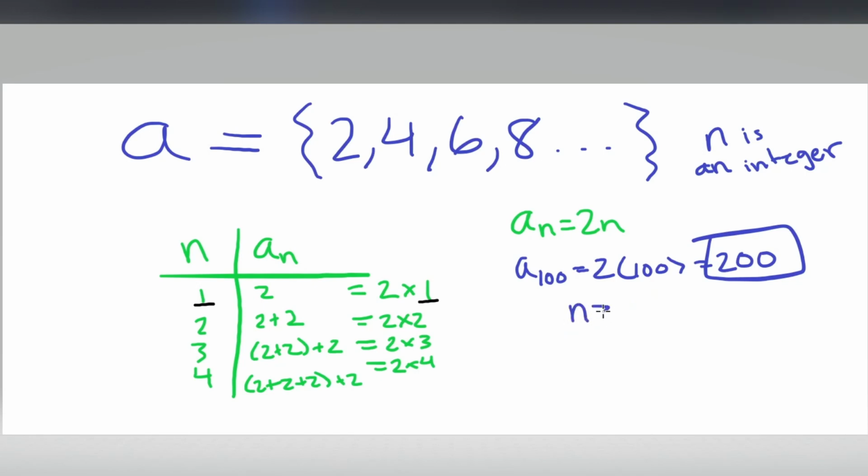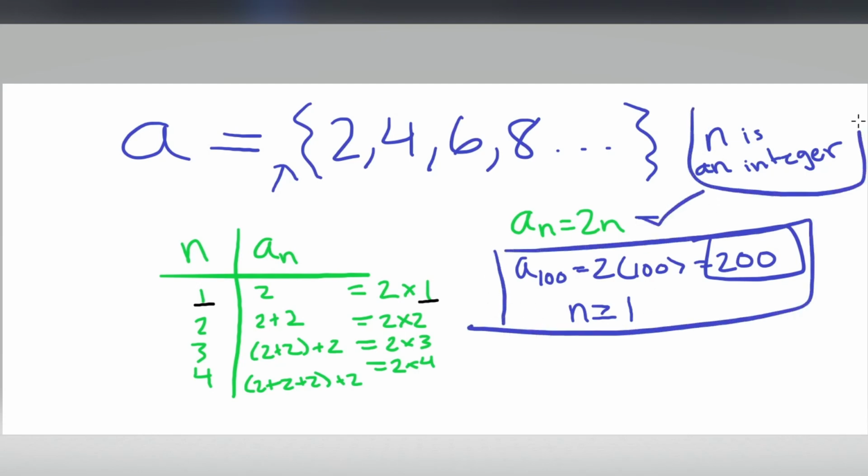Instead, we can write n is greater than or equal to 1. We couldn't do greater than or equal to 1 last time because 1 minus 1 is 0, and we didn't have a 0th value. But in this case, if you plug in 1, everything works. So this is all we need, this and this.